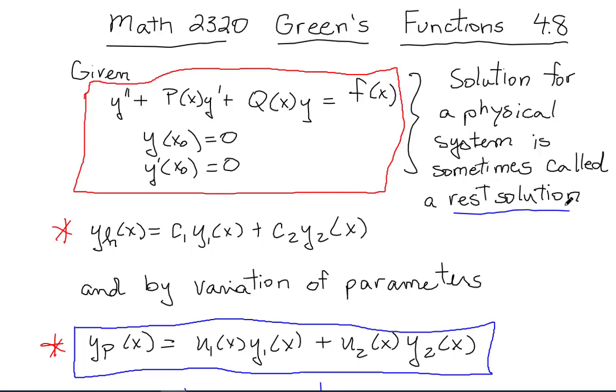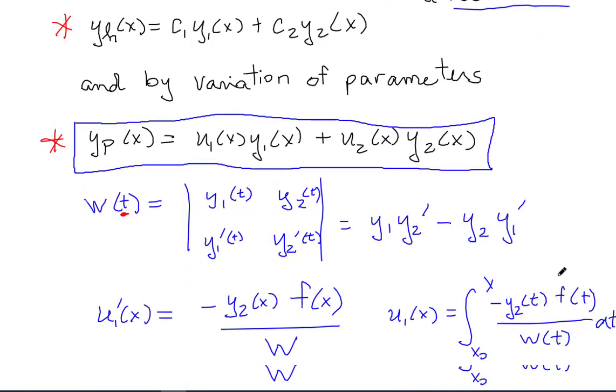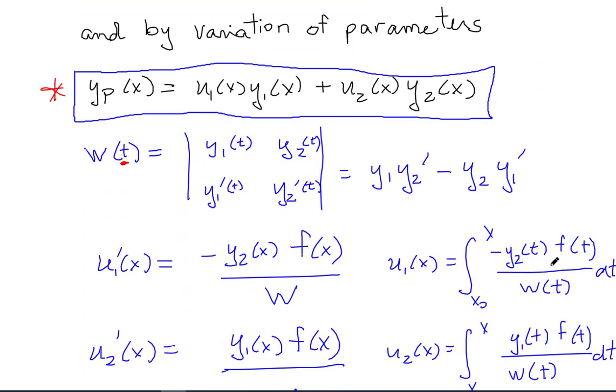Now we've seen that we can solve it by variation of parameters, where we take the homogeneous solution and our particular solution is of the format u1 y1(x) plus u2 y2(x). We did this in a previous section.